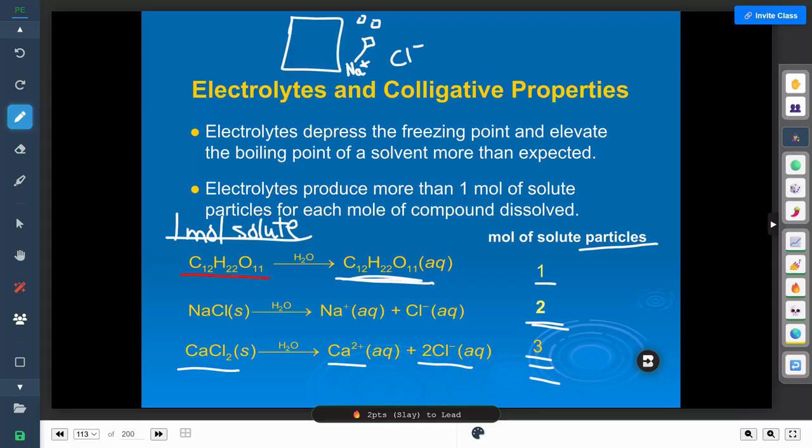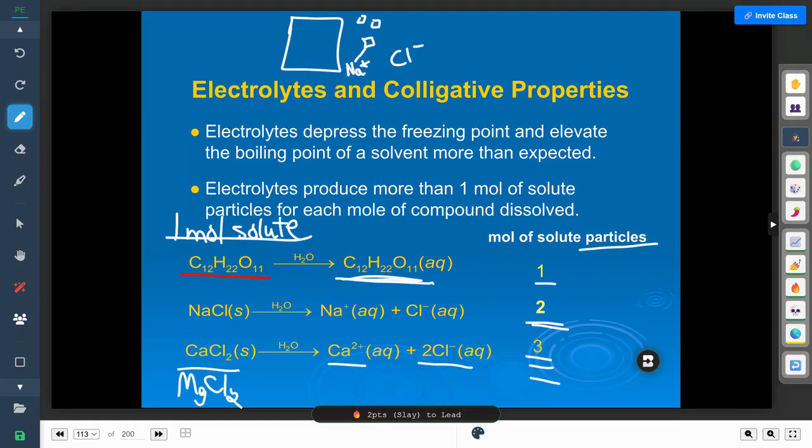So I have got way more particles from calcium chloride than I do from sodium chloride, and more than, of course, from the sucrose. This is why you put magnesium chloride, MgCl2, very similar formula, right? Magnesium chloride on your streets, especially when it's going to be an even colder day, rather than just salt.